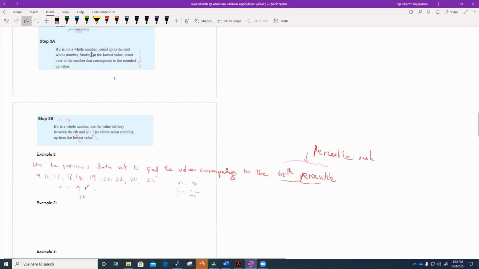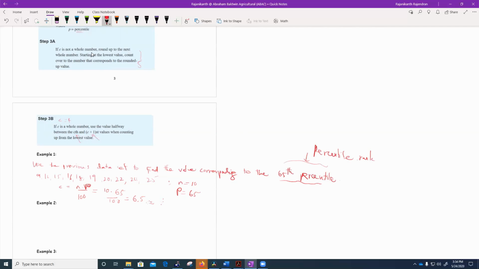Plugging these two values into the formula, that is 10 times 65 over 100, so this will give you 6.5. 6.5 is a decimal number, so I'm rounding up this number to the nearest whole number, which is 7.